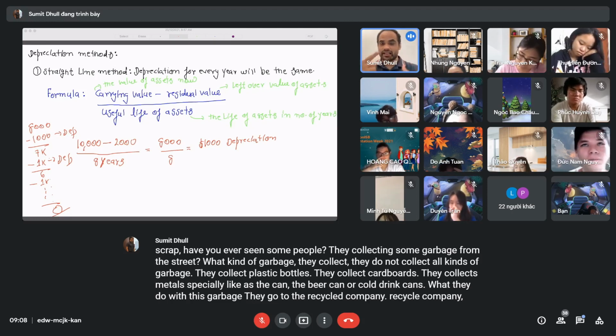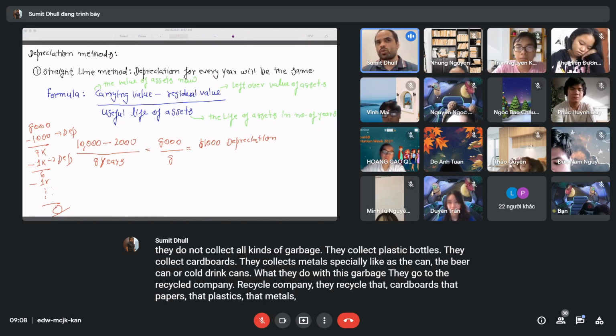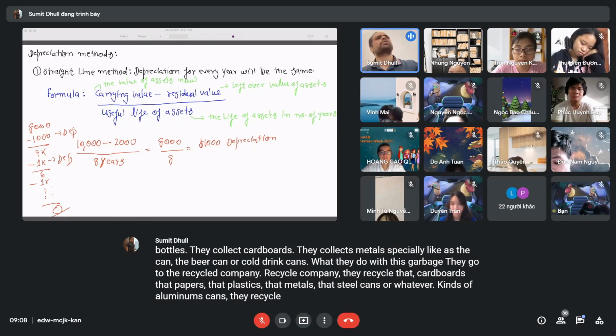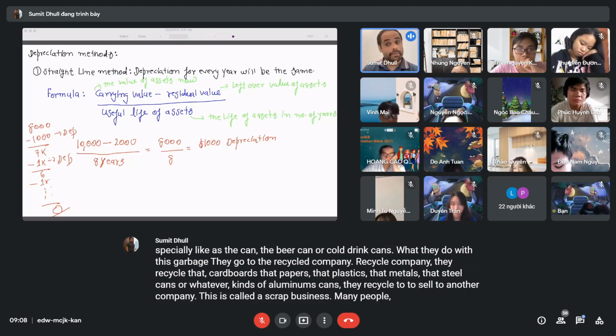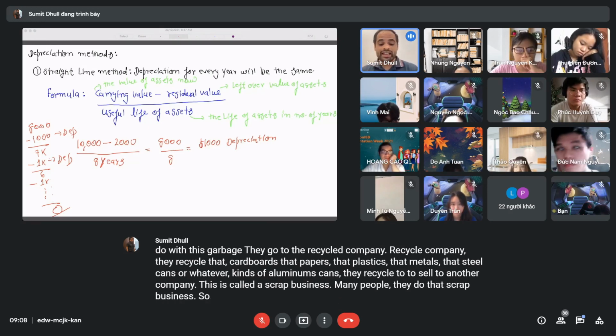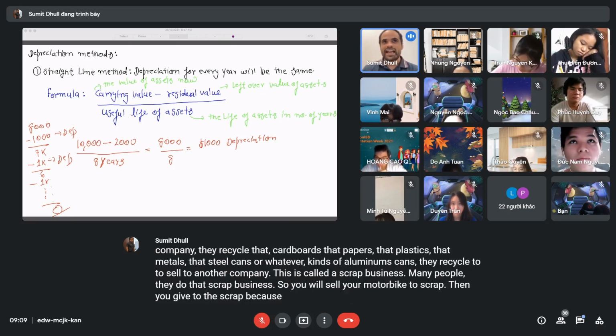They recycle that cardboard, paper, plastic, metal, steel cans or aluminum cans, and sell to another company. This is called a scrap business. Many people do that scrap business. So you will sell your motorbike to scrap. When you give it to the scrap, your motorbike has a lot of steel, right?